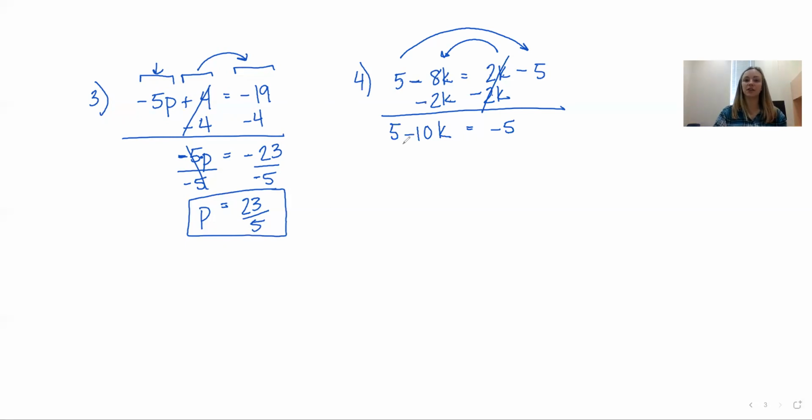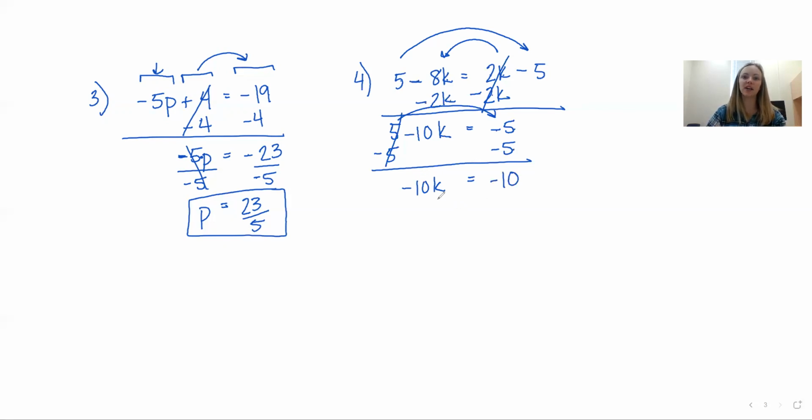Now the variables are on the left, I'm going to move my constants over to the right. So I'm going to go ahead and move this positive 5 by subtracting it. Our goal there is to get a 0. 5 minus 5 is 0. Do the same thing on the right side. So now on the left, what we're left with is negative 10k. And on the right, negative 5 minus 5 is negative 10.